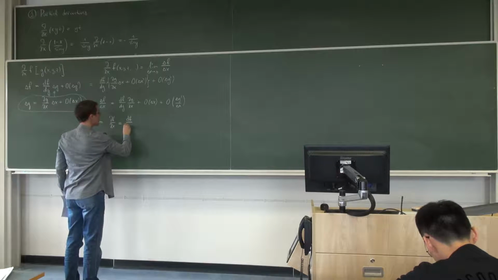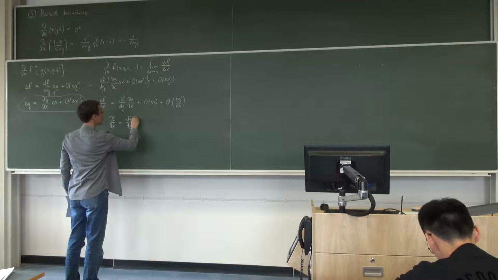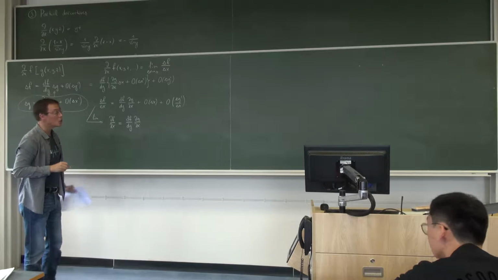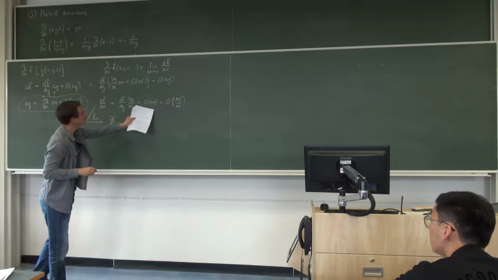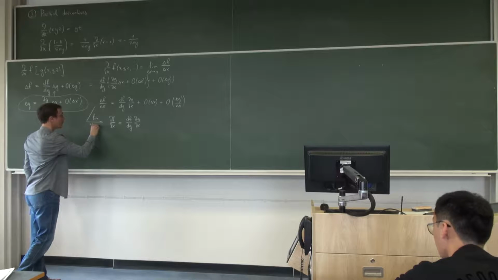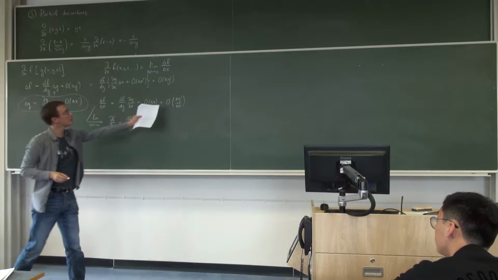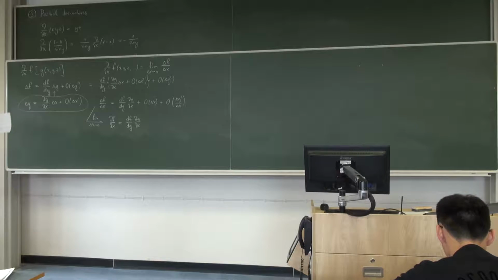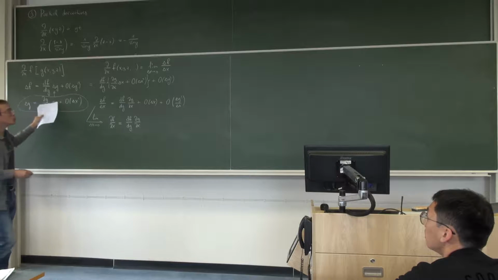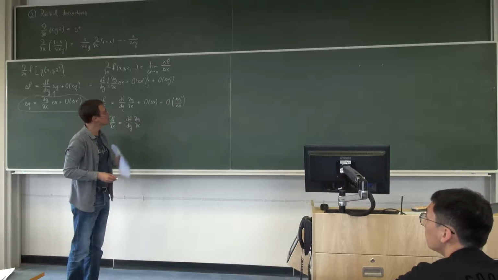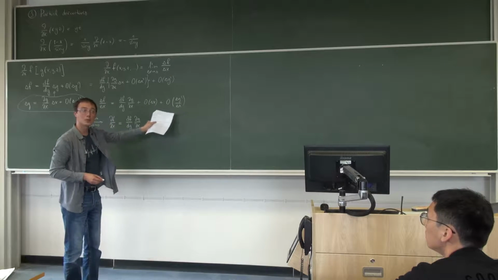This clearly goes to 0: something that was of the order of delta x goes to 0 when delta x goes to 0. And let's now take a look at this. In the numerator we have delta g squared, and delta g is at least first order in delta x. So in the numerator we have something of the order of delta x squared, in the denominator just delta x, and so this also goes to 0.